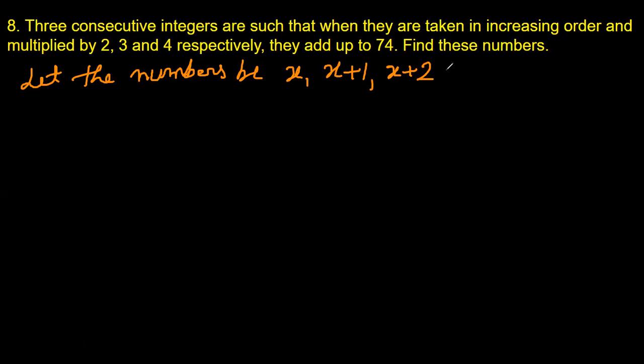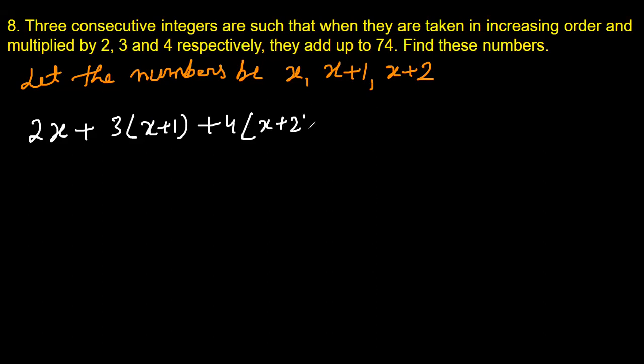And they are taken in increasing order and multiplied by 2, 3, 4, means you are multiplying the first number by 2 and the second number by 3, and the last number, which is x plus 2, by 4, and you are getting 74.